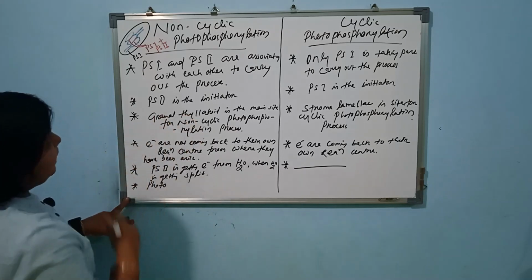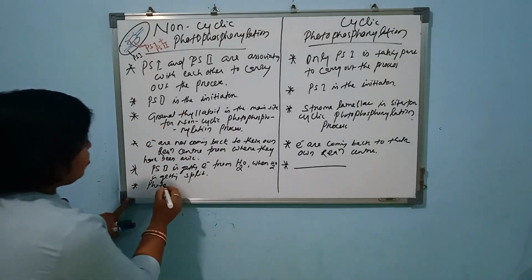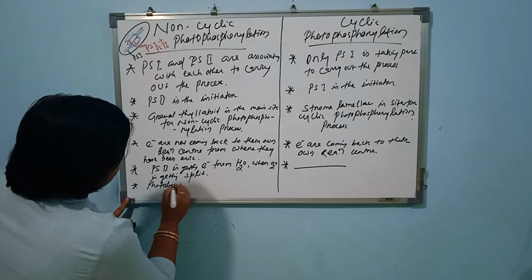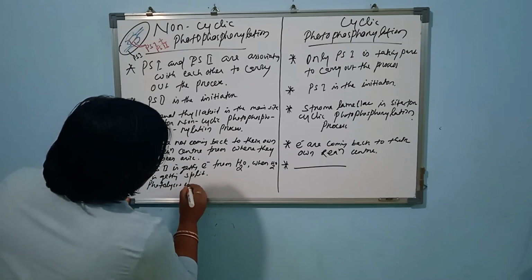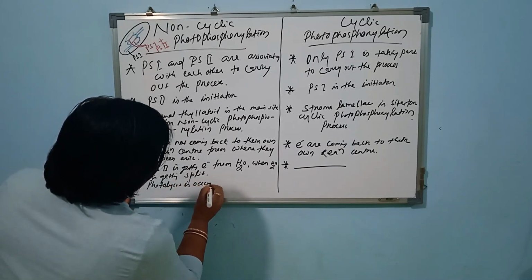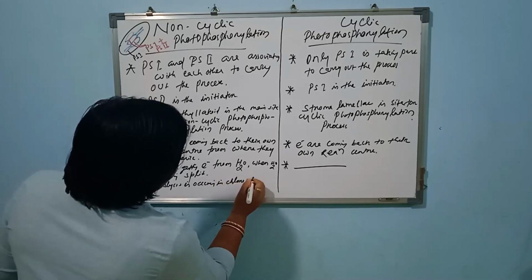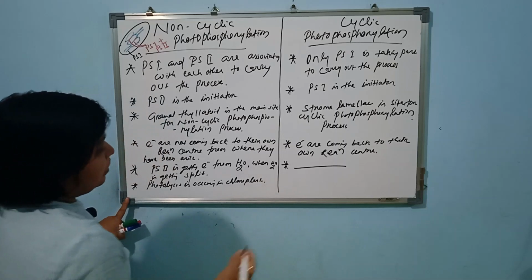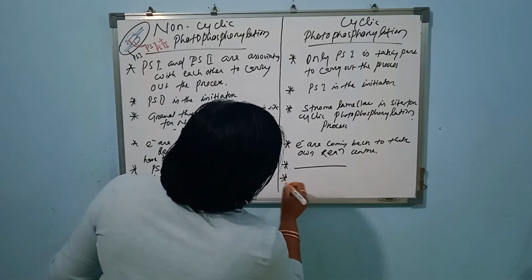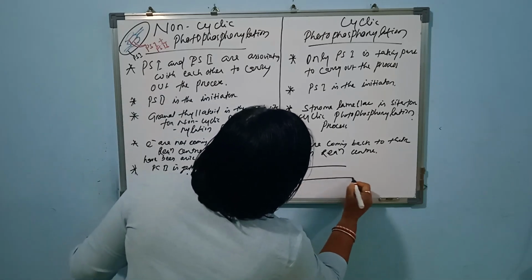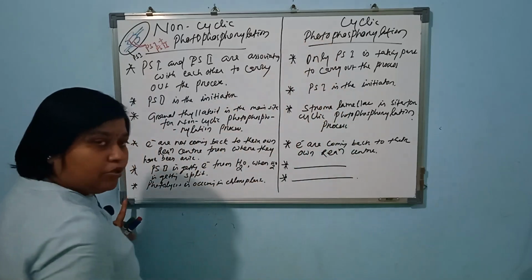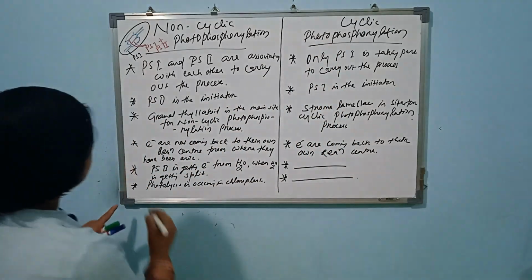So in the non-cyclic photophosphorylation process, photolysis is occurring in the chloroplast. And this process is not occurring in the cyclic photophosphorylation process.